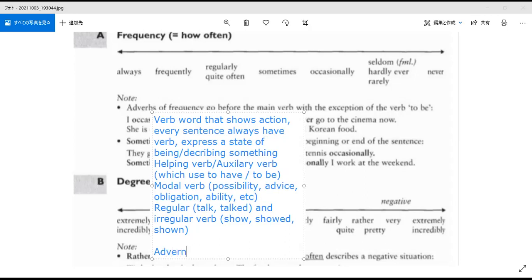And what else is there? Adverb. Is a word that explains a verb and an adjective. Mostly adjective.